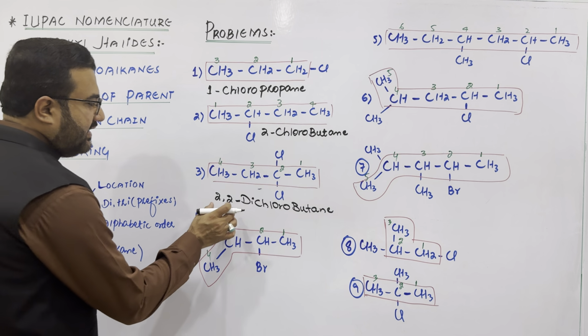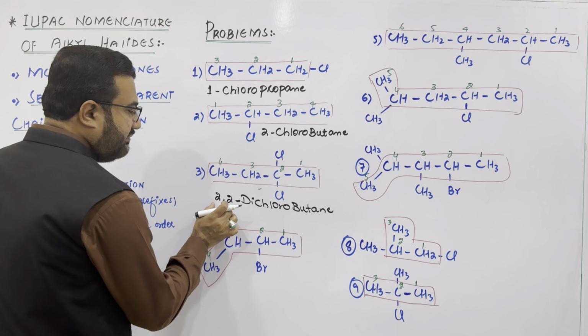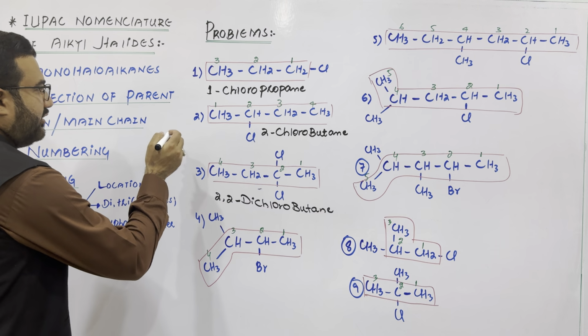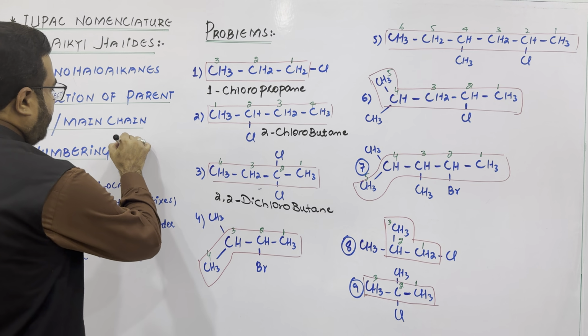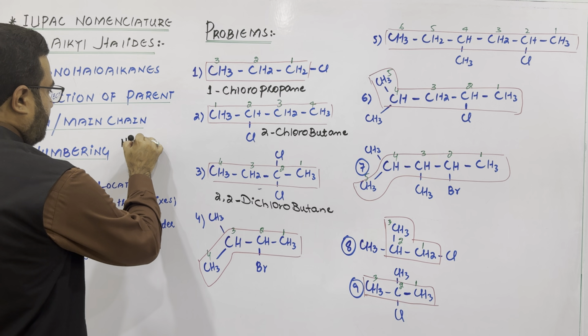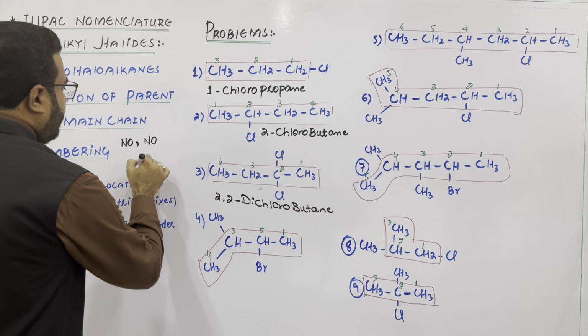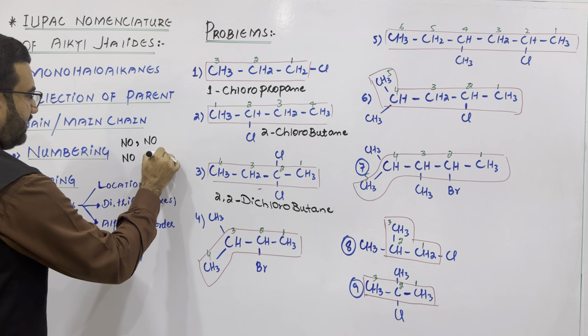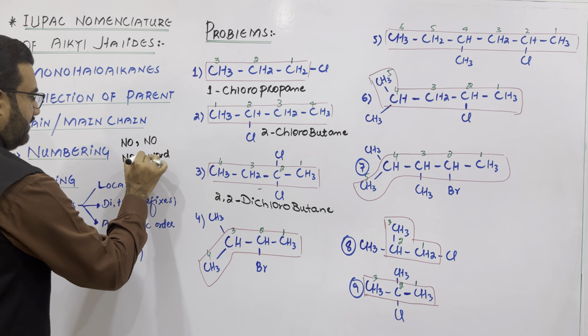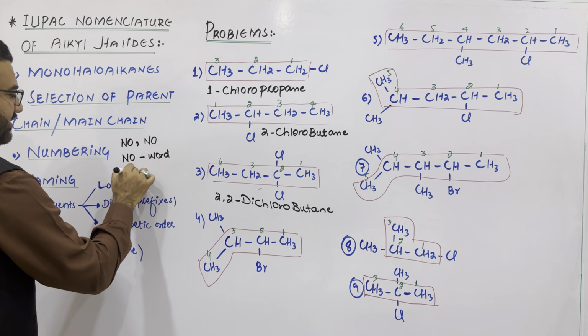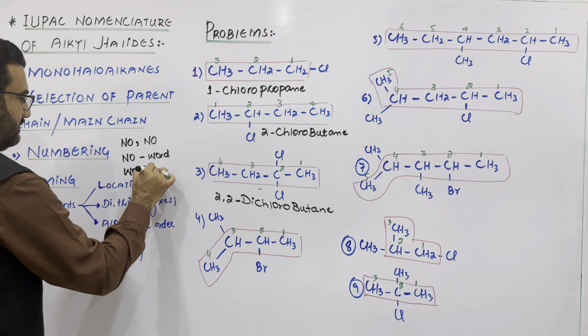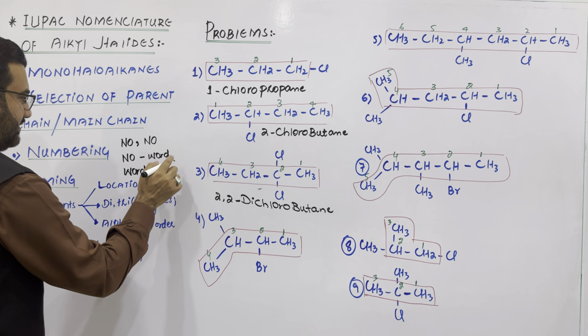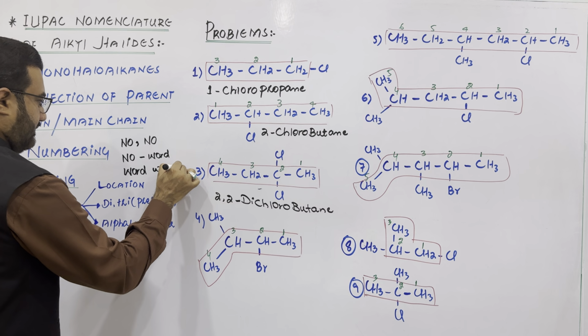My dear students, in this naming, you can also find the punctuation because the IUPAC rule is that between two numbers, you will use a comma. Between a number and any word, you will use a hyphen, and between two words, you will use no punctuation mark.